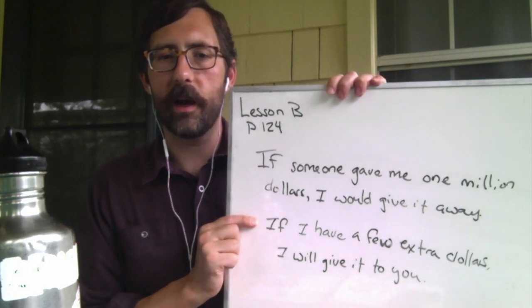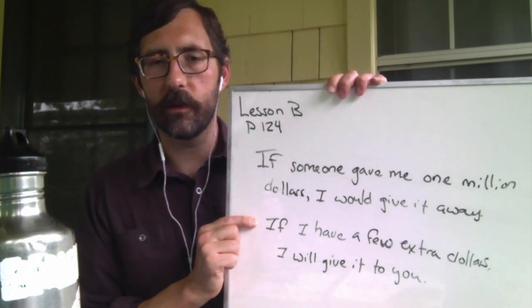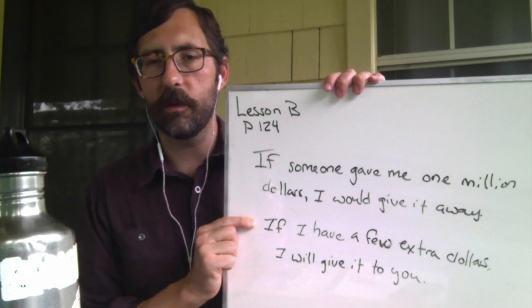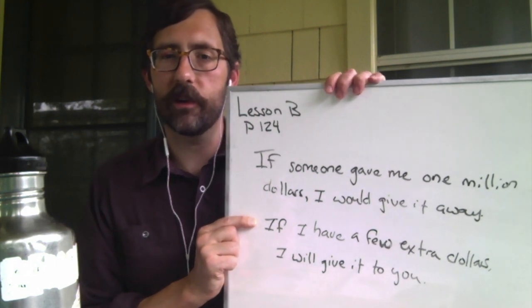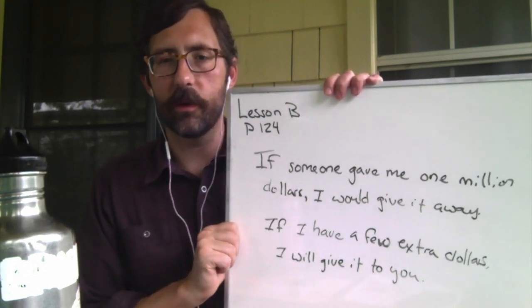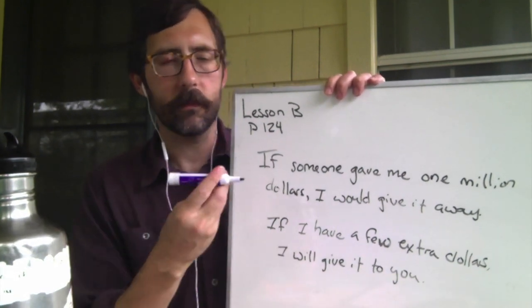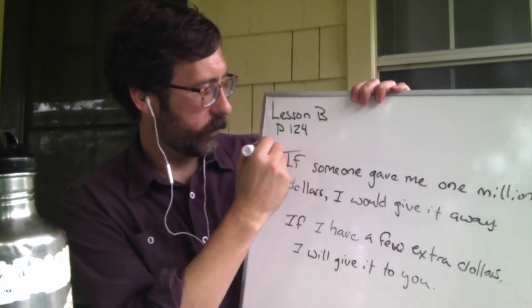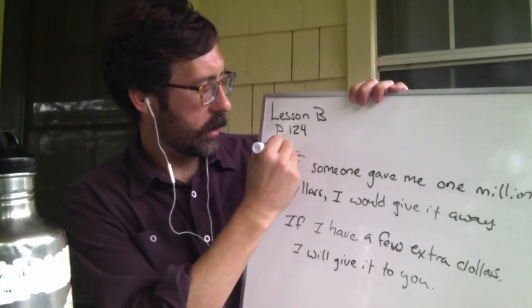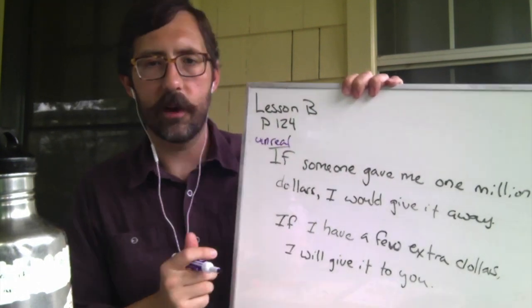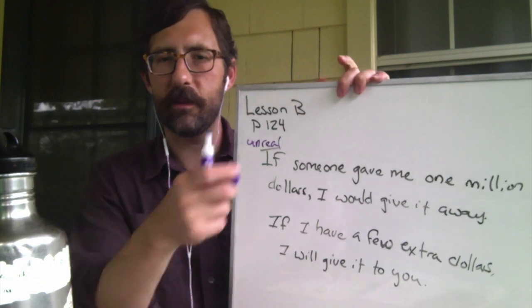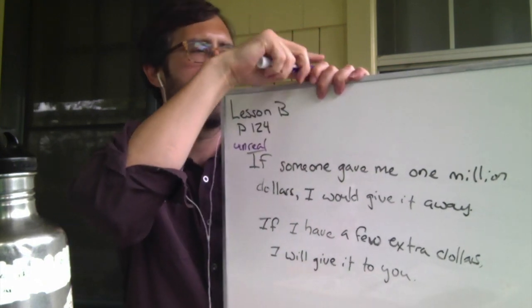This one, if I have a few extra dollars, I will give it to you. Sometimes I have a few extra dollars and I can share that with you, and that would be possible, right? So, our first sentence is our unreal sentence. It's not possible, right? It's not probable.